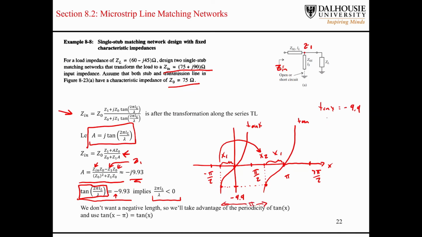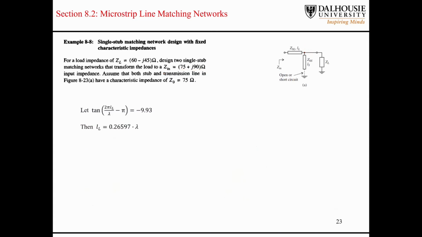So when we solve this expression for x, we need to add pi in order to get a value for the length that makes sense, since x1 is negative. So I guess if I'm saying x1 is negative, then these distances are going to be the absolute value of that. Okay, so hopefully that's clear.